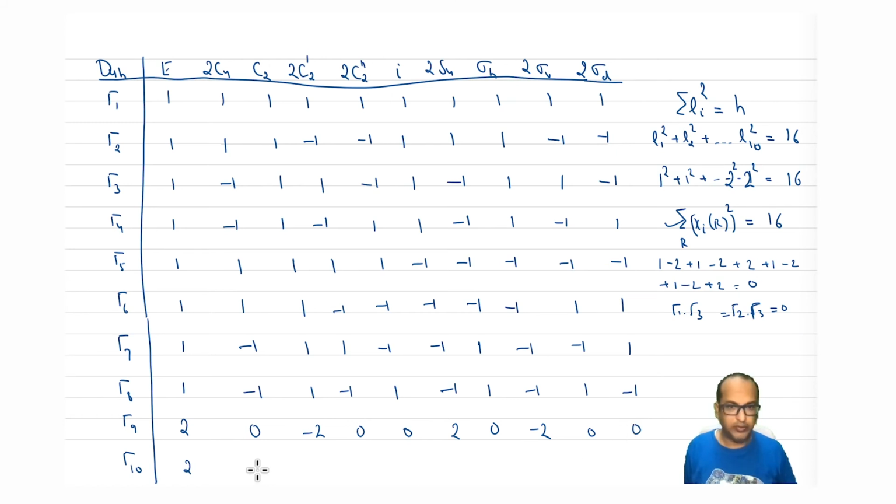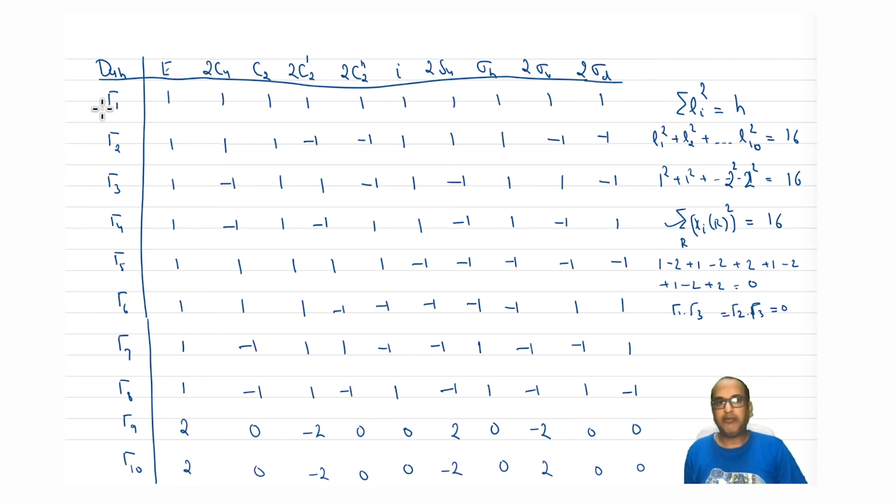Okay, and for this one 2, 0, minus 2, 0, 0, minus 2, 0, 2, 0, 0. So you must also appreciate the fact that all the irreducible representations are uniquely defined by different characters. So none of these two will have the same characters at all places, right? So there would be some difference so that they are uniquely defined.